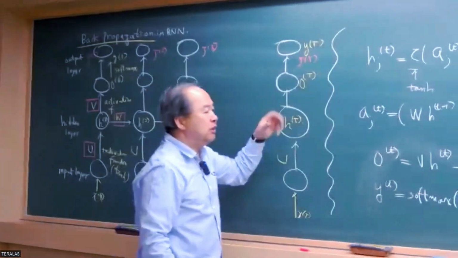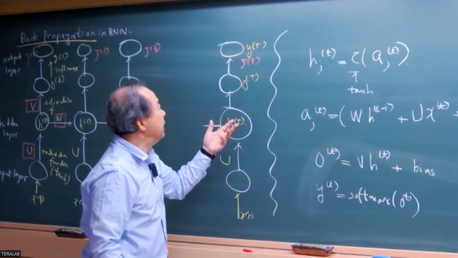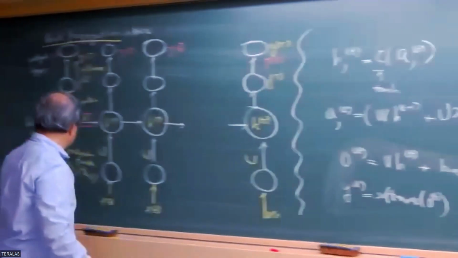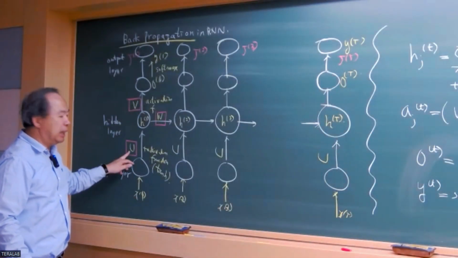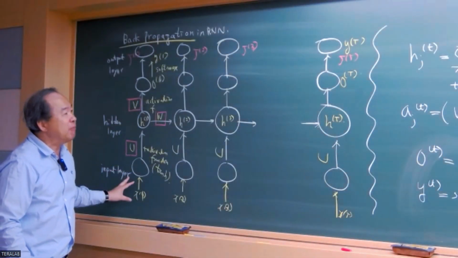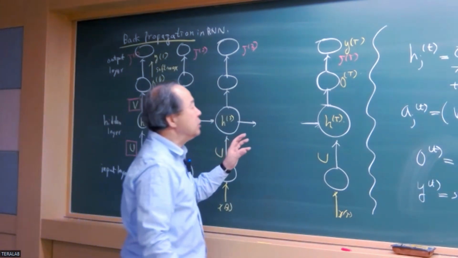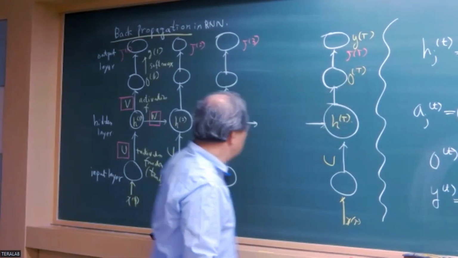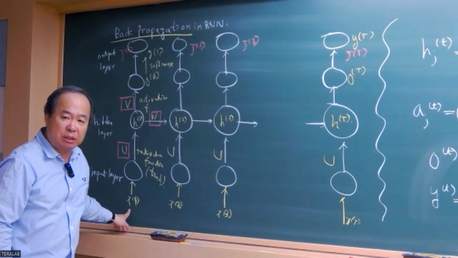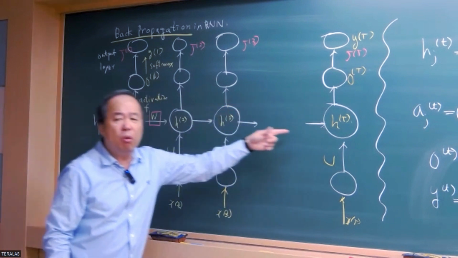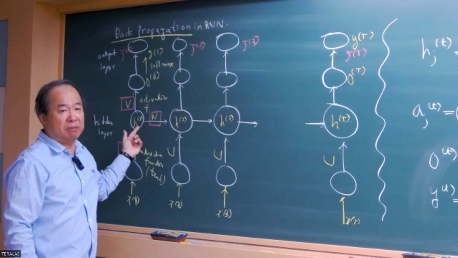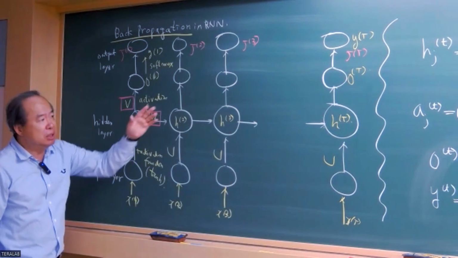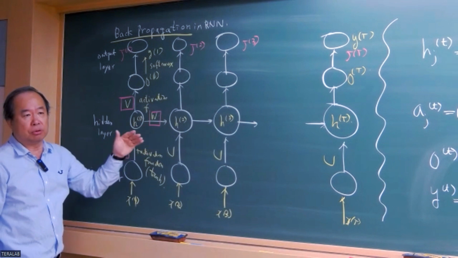So we have to develop a partial differential equation to make a connection between the loss function at time T and the input vector x1 and U matrix, using the gradient of the loss function at the final time step with respect to the first vector x1. So it is a very long chain of partial differential equations to update U matrices. It really takes time to do that.